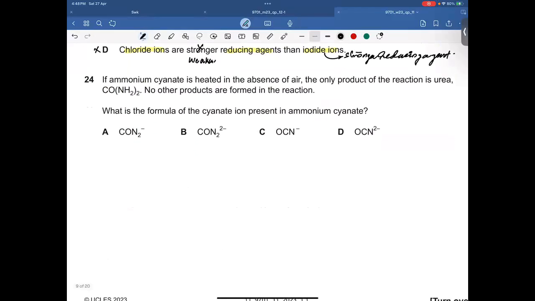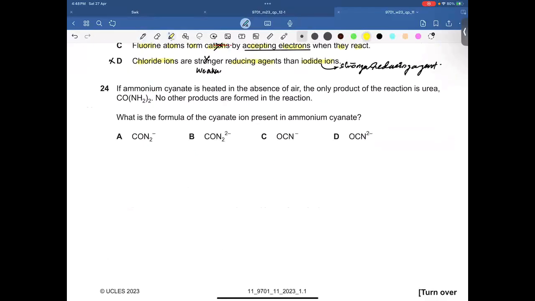All right. Question number 24. Ammonium cyanate, heated in the absence of air, the only product of the reaction is urea. This is the formula of urea. No other products are formed in the reaction. What is the formula of the cyanate ion present in ammonium cyanate? Okay, that's trial and error.